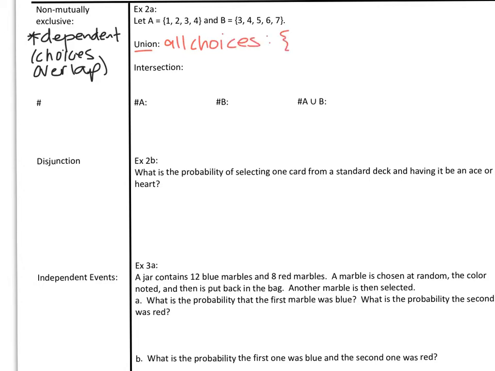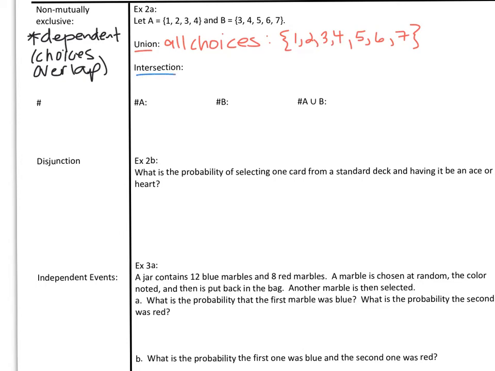And we wouldn't write repetition. So notice in set A, we have 1, 2, 3, and 4. And in set B, 3 and 4 overlap. We won't repeat them, but we can also include 5, 6, and 7. Those are all the choices we have in the union of A and B.